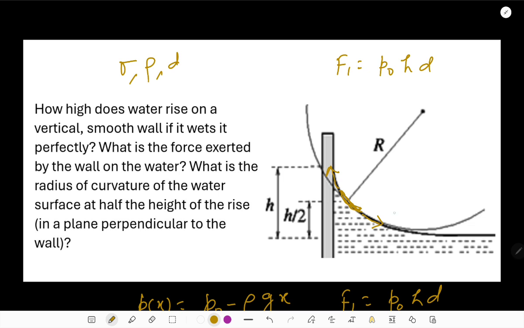Since this length is quite small, I'm going to write here surface tension, that is force per unit length, as sigma, and here also as sigma, because this length is quite small.